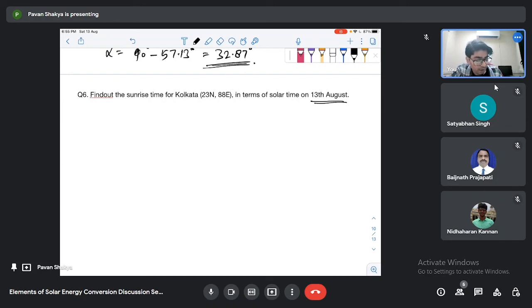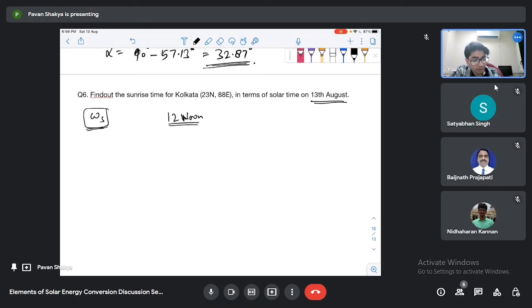Basically, if we are able to find the omega s, then we can easily calculate the sunrise time by subtracting it from the solar time, that is 12 noon. So our task is to calculate this omega s.